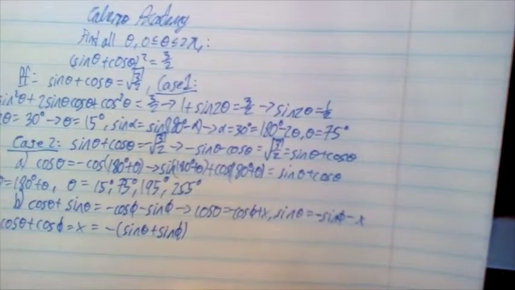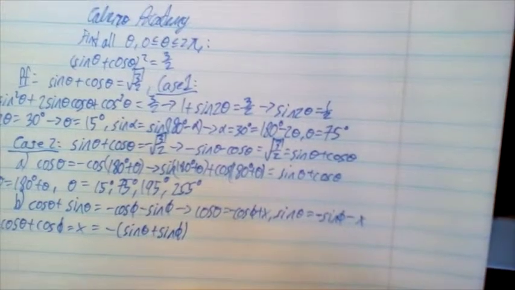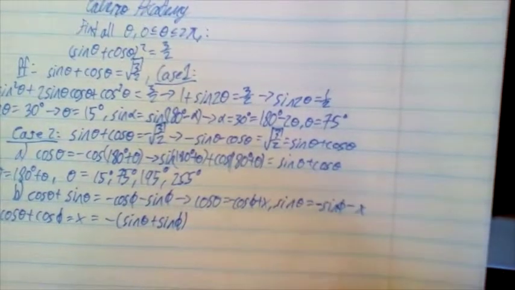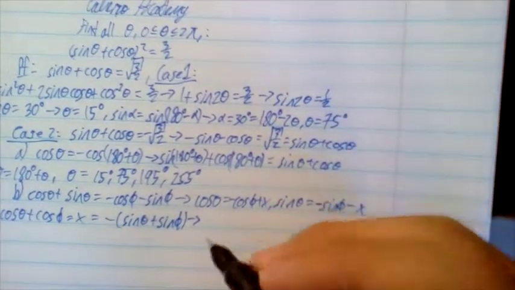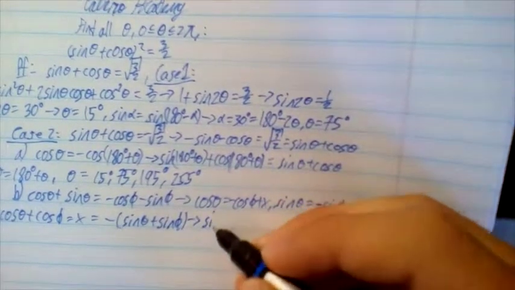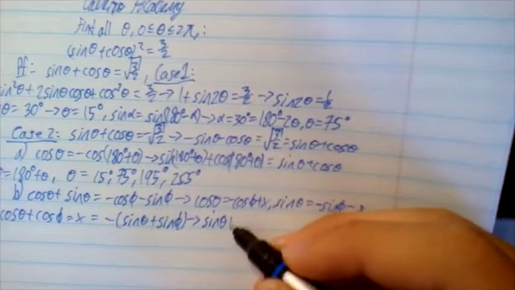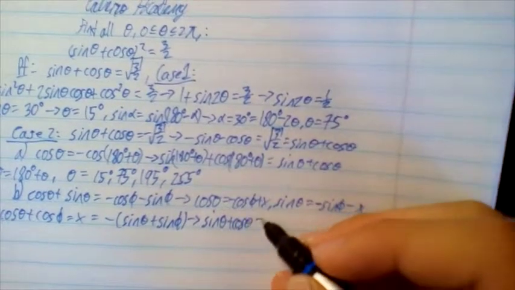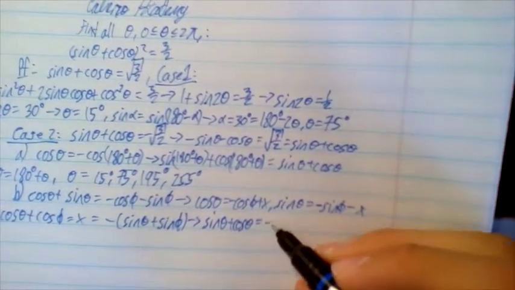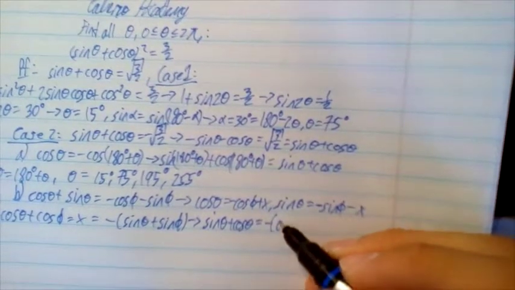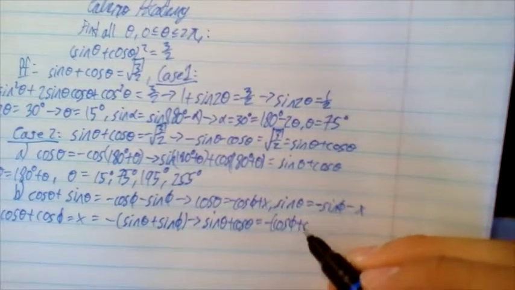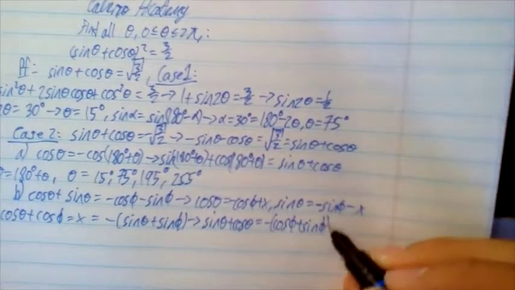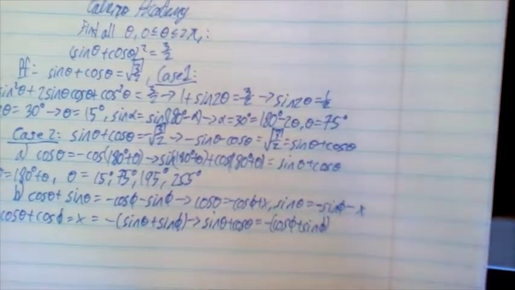Okay, now we try to get the thetas and the phis on one side each. So we rewrite it as sine theta plus cos theta is equal to minus (cos phi plus sine phi). Just rearranging the equation, nothing's going wrong.